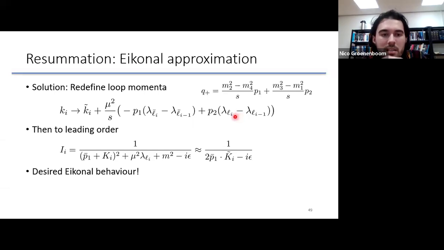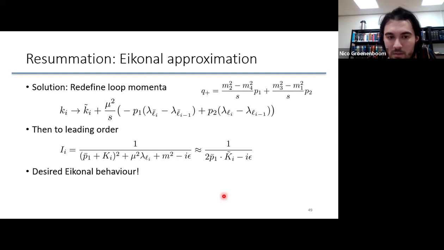So effectively, the redefinition of the loop momenta ensures that not just overall, but for each individual graviton, the different mass contributions are exchanged and absorbed into the graviton momentum. So this gives a very natural way of ensuring all of the masses work out. And by doing this redefinition, we find that in the leading order, the mass term can be removed, and we have the desired Eikonal behavior.